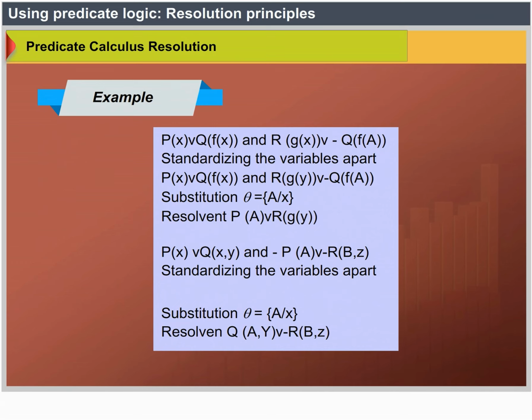Substitution theta is a/x. Resolvent: P(a) or R(g(y)). Another example: P(x) or Q(x, y), and not P(a) or not R(b, z). Standardizing the variables apart, substitution theta is a/x. Resolvent: Q(a, y) or not R(b, z).